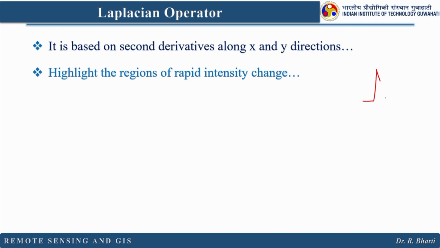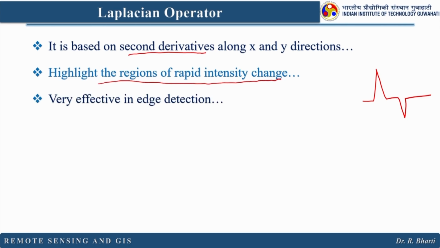Because if you remember the previous slides, I showed you this type of edge, and if you calculate the derivative, this will enhance and the edges will be better. So in case you are using Laplacian, it uses this second derivative, and because of that it highlights the rapidly changing intensity. Then the third point is that it is very effective in edge detection.